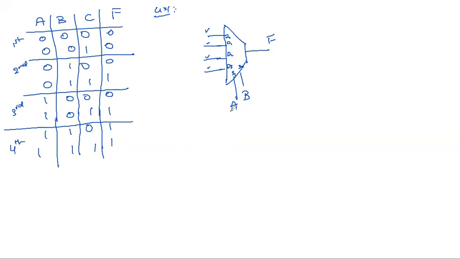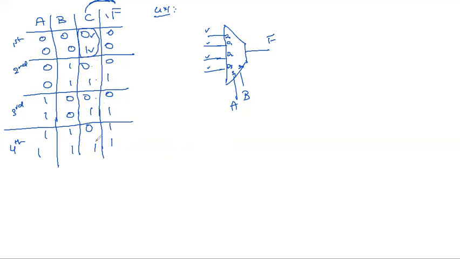Okay, AB is already available. Now you have to select F according to C. You have to compare C and F. Let us see this one. C is 0 or 1, right? Here also C is 0 or 1.